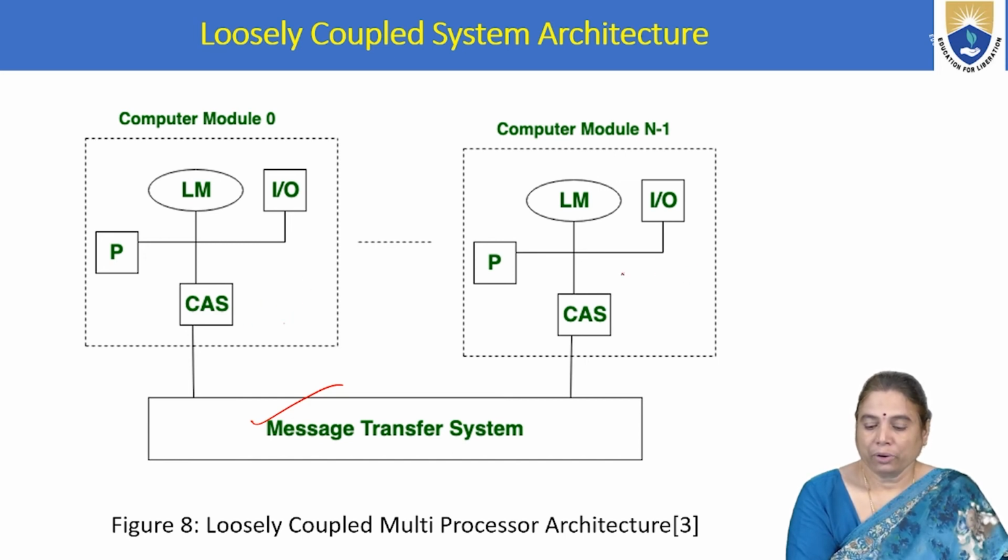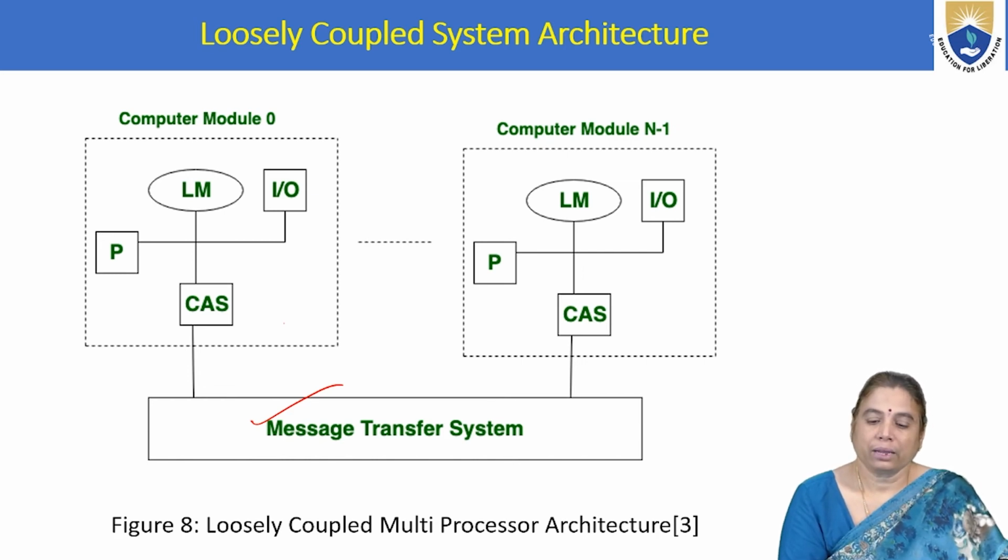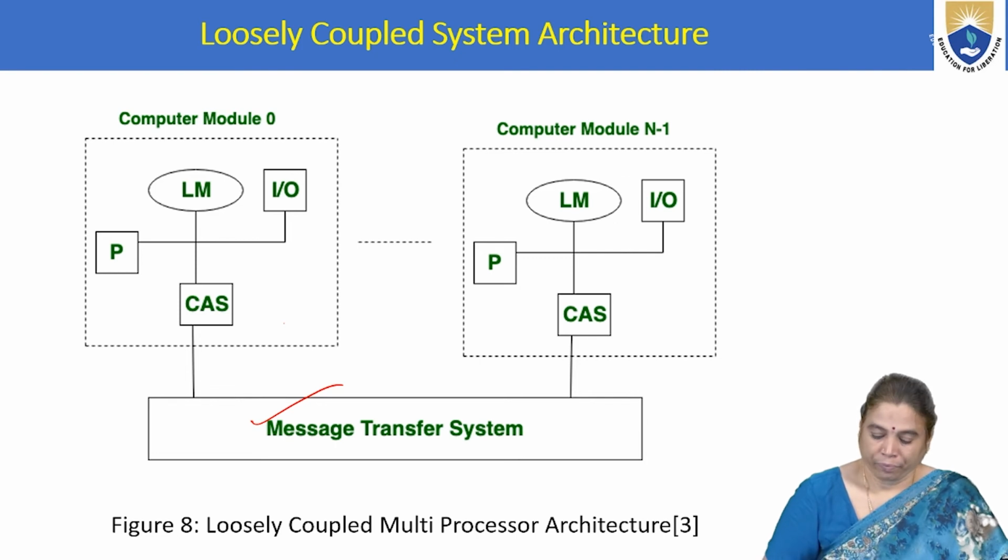The second module can have its own processor, its IO, and local memory. But these processors can communicate via the message transfer system. Those systems are generally referred to as the loosely coupled system architecture.